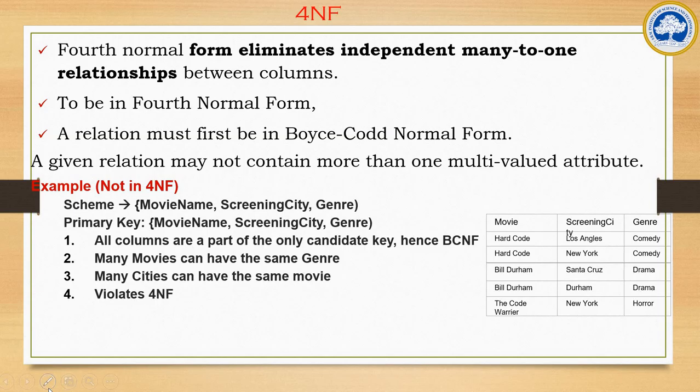In this example, the schema may be movie name, city and genre, and all of these are key attributes. All the columns are part of the candidate key, so it is satisfying BCNF. But many movies can have the same genre, and many cities may have the same movies. So it is violating the fourth NF, since many-to-one relationship is there.